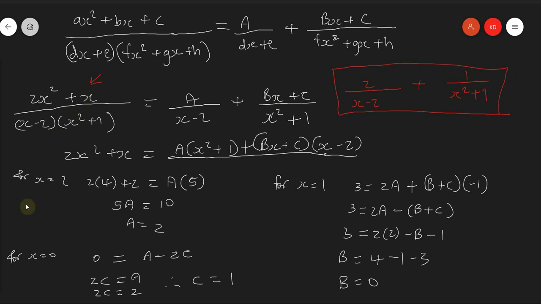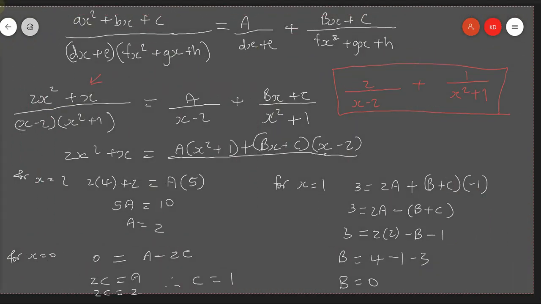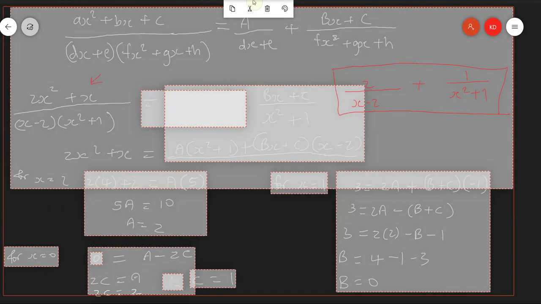Good. So let's just look at the other example, another problem where we would have repeated factors in the denominator.